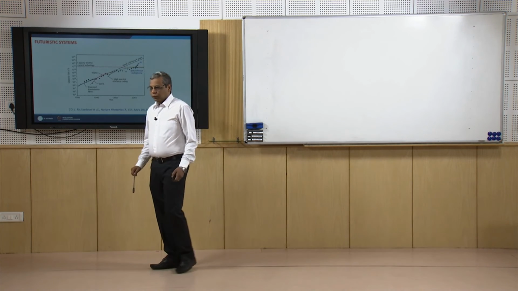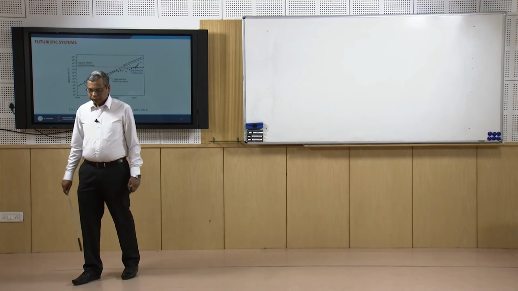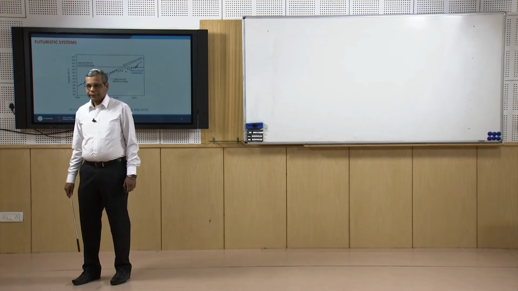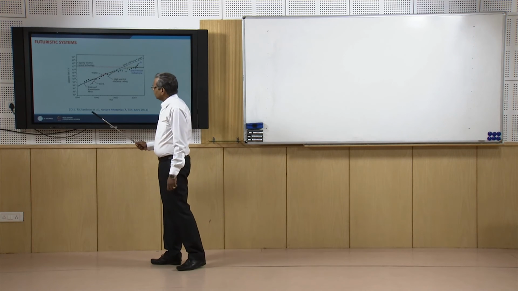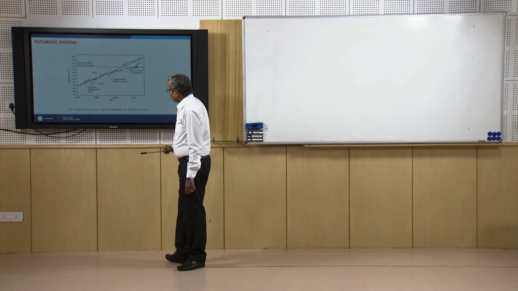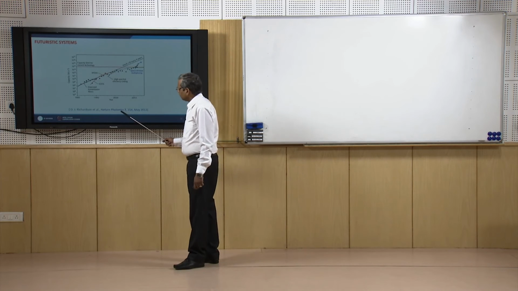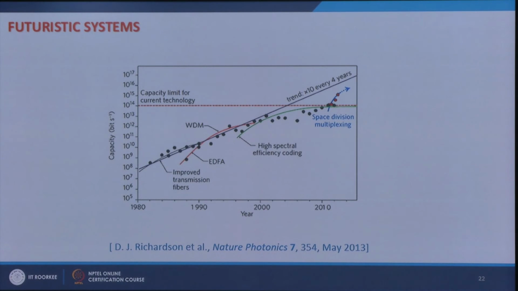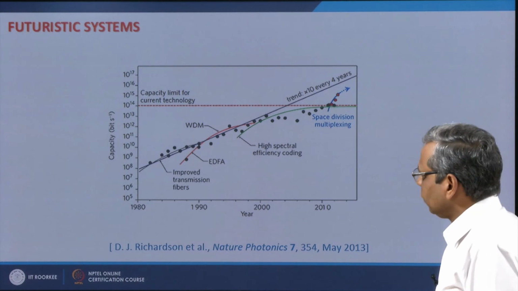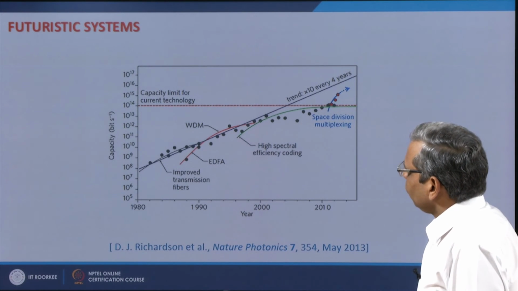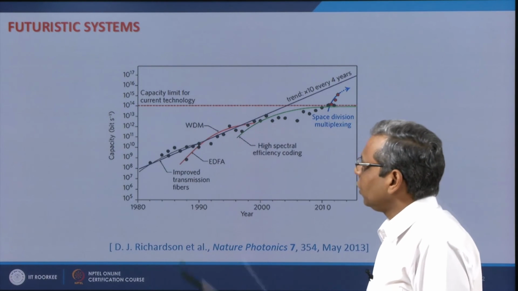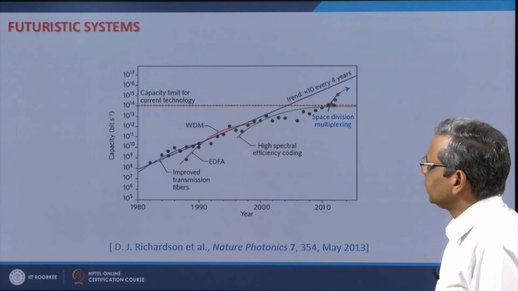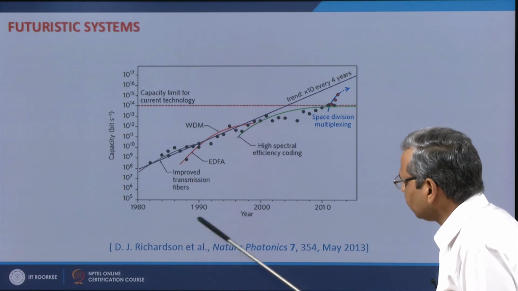Now, to understand where we are heading, I am here presenting a view graph from a paper which is published in Nature Photonics in 2013 by Dave Richardson et al., where this view graph shows how the capacity of optical fiber telecommunication system has evolved over time.